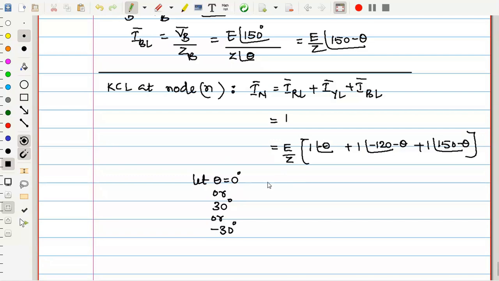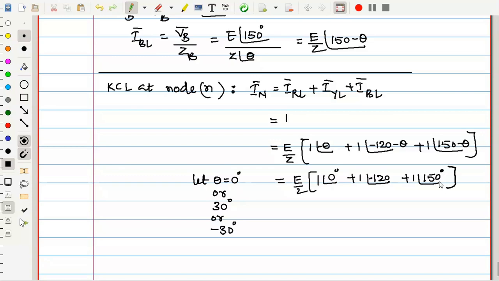So you will realize that for 0, this is 1 at an angle 0. Let me write here E by Z. All of you calculate this. 0 plus 1 at an angle minus 120 plus 1 at an angle 150. How much is this value?